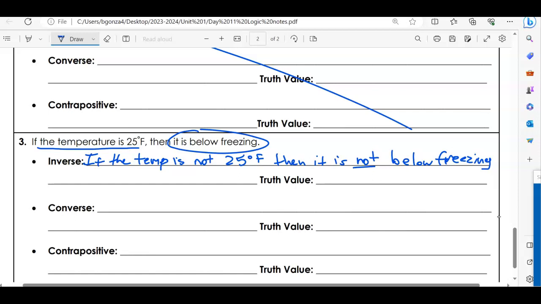But here, what we just wrote down, is it true? If the temp is not 25, what degrees are not 25 degrees? What do y'all think? 32, 24, 100. There's lots of different numbers that are not 25, right? Okay, so think about all those possible numbers. Does that mean it is not below freezing?